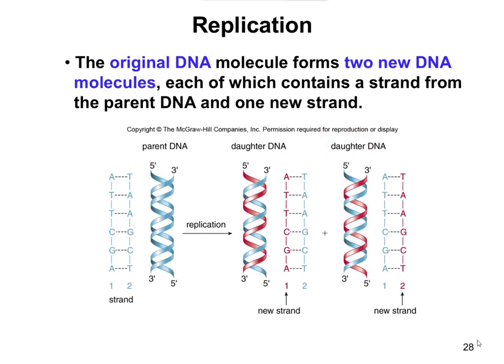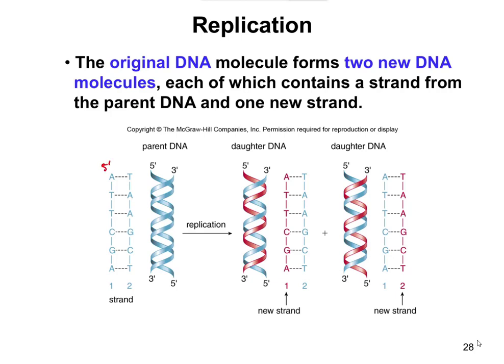Both of those daughter strands are going to be identical to the original DNA. And if you follow the color scheme here, in the parent DNA, you have this blue strand. And one strand is going to be ATTCGA, right? And let me go in and label this just for clarity's sake.